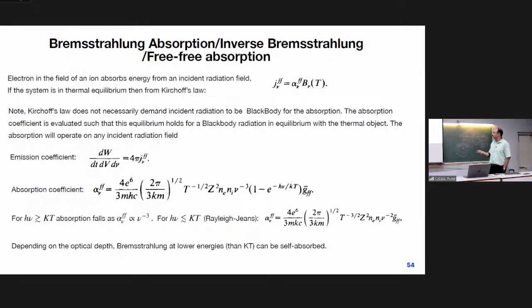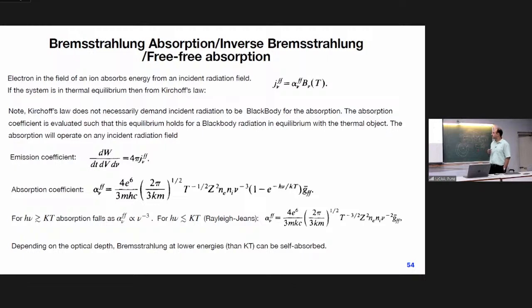For the Rayleigh-Jeans limit, it looks something like this: T to the power minus 3 by 2, nu to the power minus 2. For the Wien limit, it falls as nu to the power minus 3. So all of this is fine. What is important to take away is the very fact that we can do this. It's very simple. You find out j nu and you naturally find the absorption.